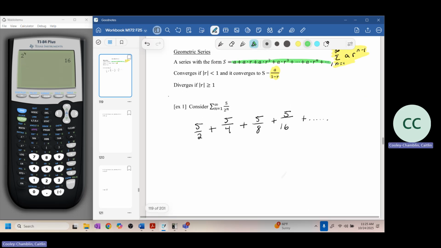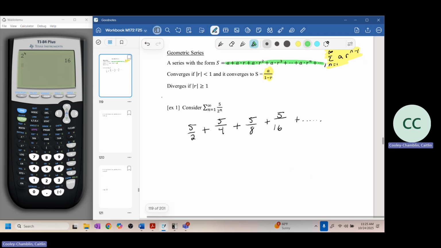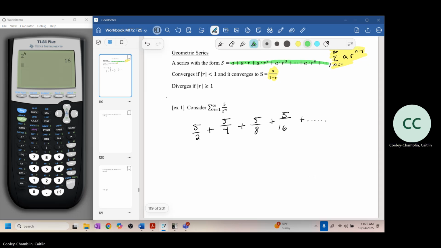We are going to assume that this first term, this 5 divided by 2, is our A. So A equals 5/2.